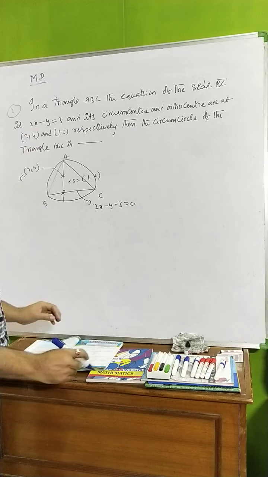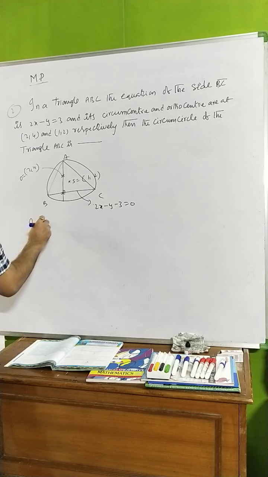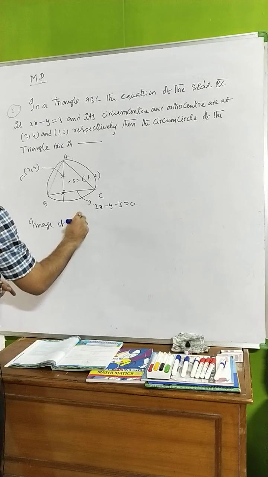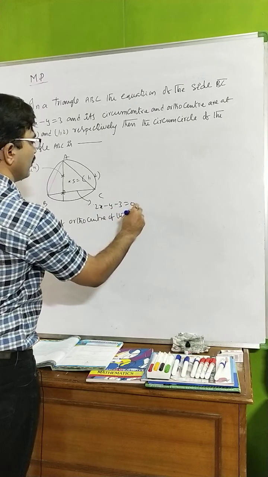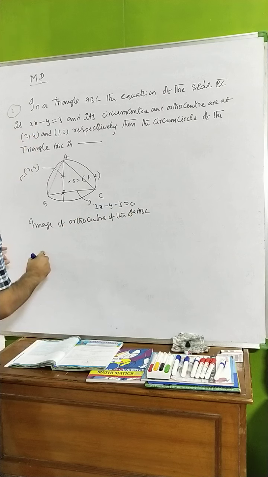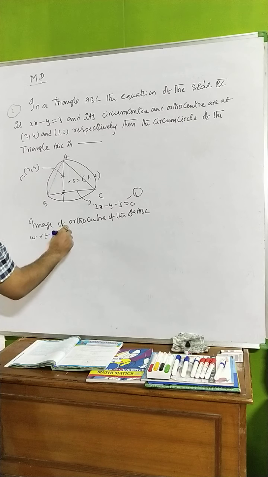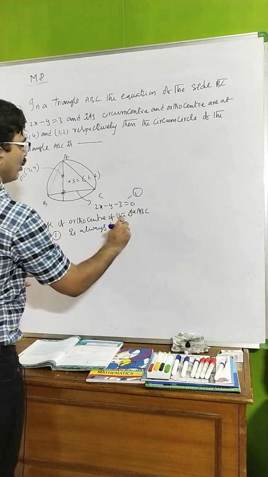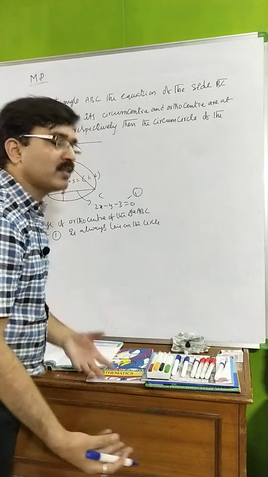One beautiful point, please remember: the image of the orthocenter of the triangle ABC with respect to the side BC always lies on the circle. This is the beautiful point. If you know this, then only you will get it.